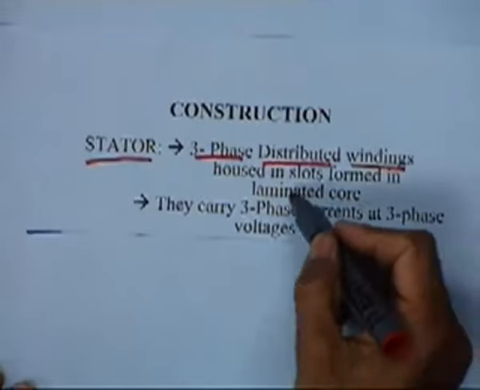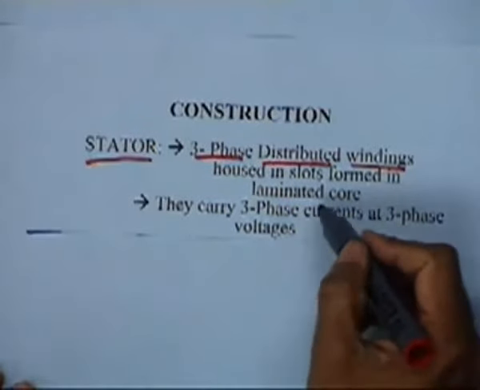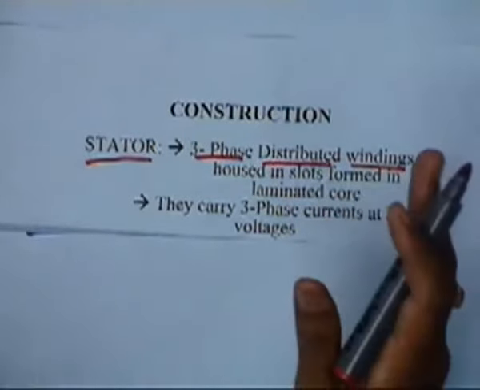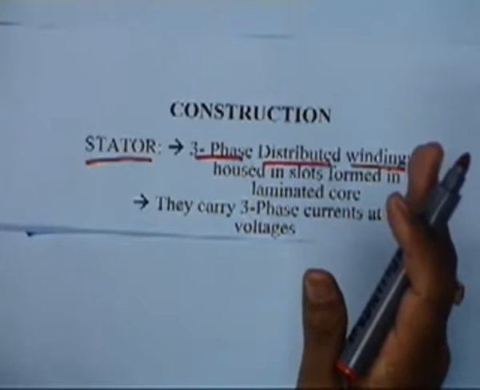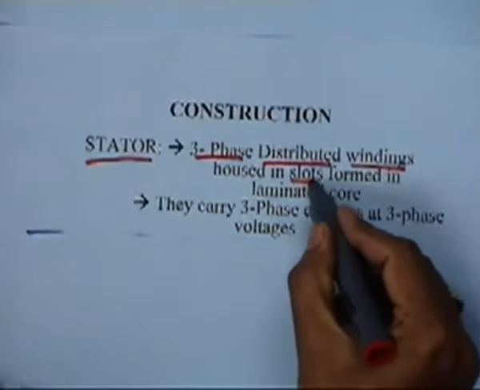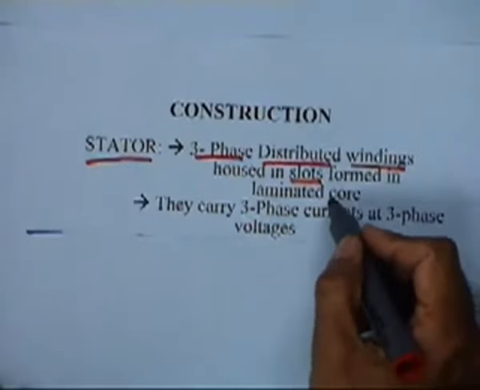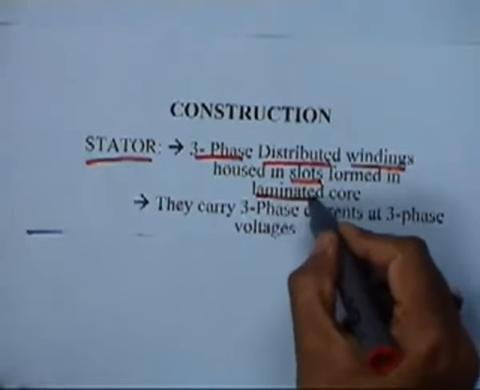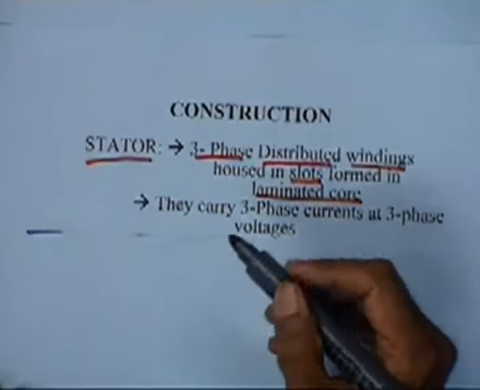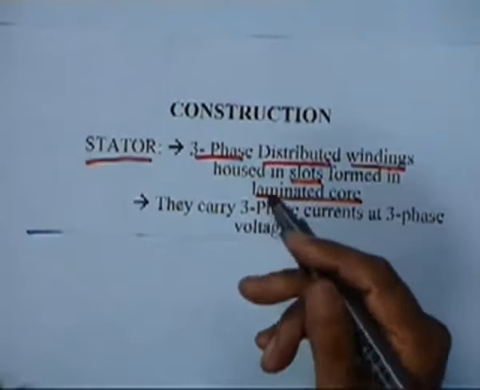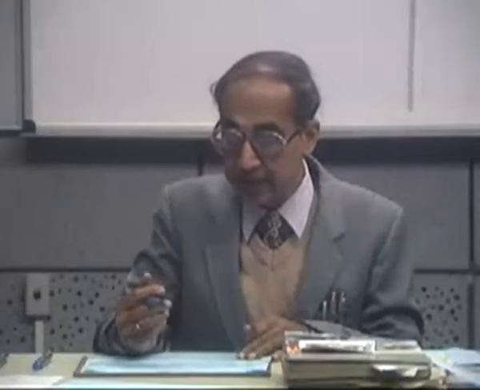These windings are housed in slots formed in a laminated core. So that is the basic magnetic structure of a stator, with windings placed in slots, and they are in turn placed in a laminated core. It means a magnetic core which is made up of stampings.